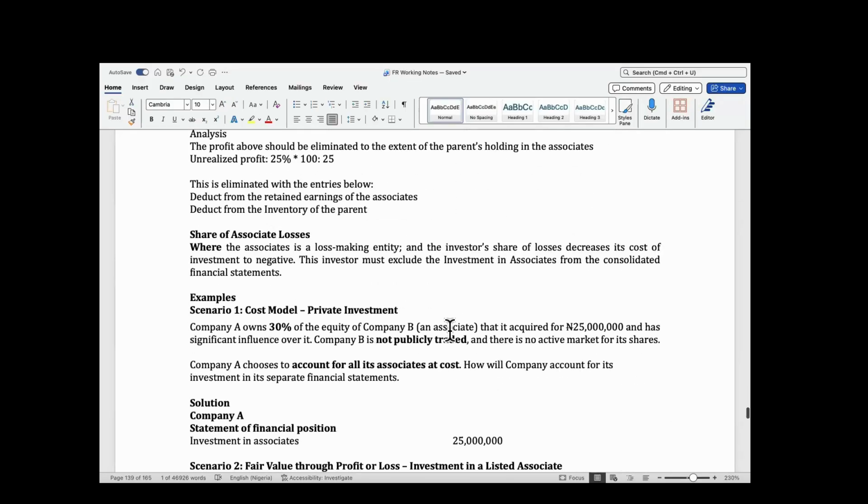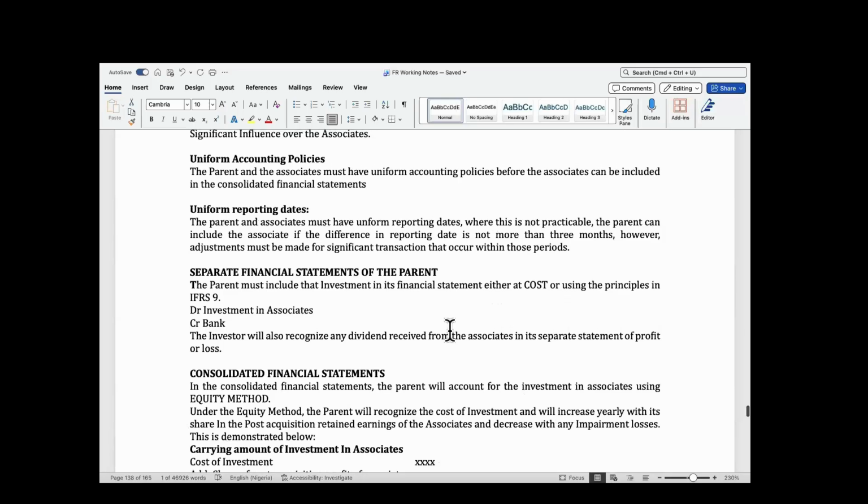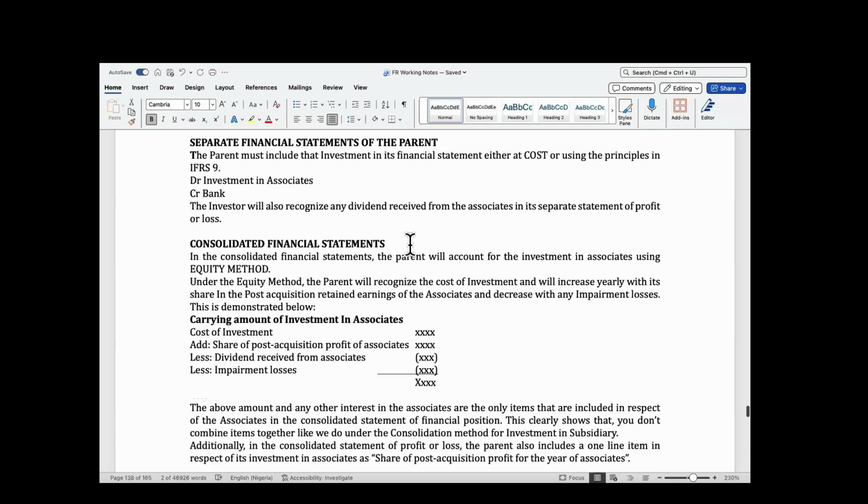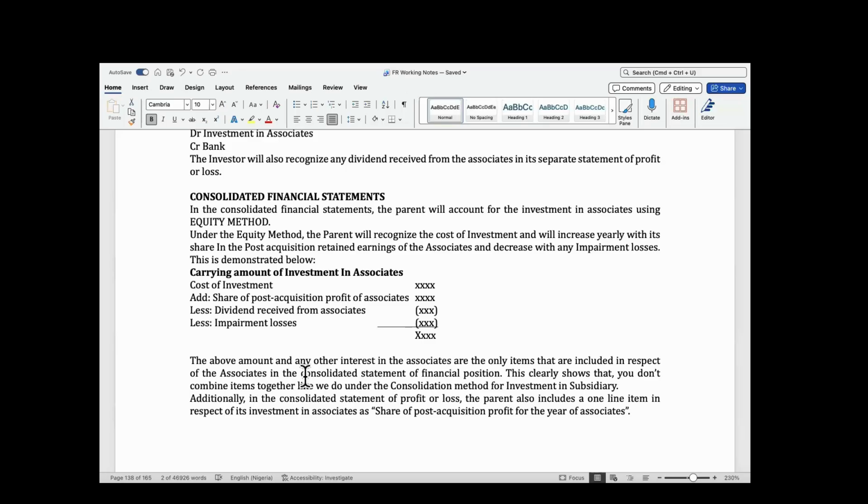Now, so far, what I've said is not much. Investment in associates, the way we account for it in the consolidated account is the equity method. And when it comes to the equity method, all you are doing is getting your cost of investment and adding your share of profit of the associate. If there's any dividend received or impairment losses, you remove it. That's all you do. And in a consolidated statement of profit or loss, you also take your share of profit for the year of the associate.